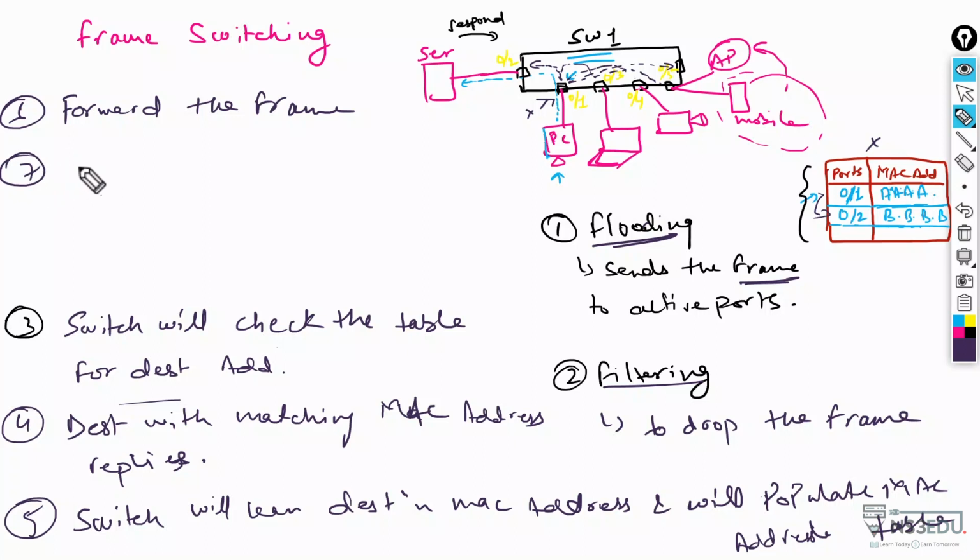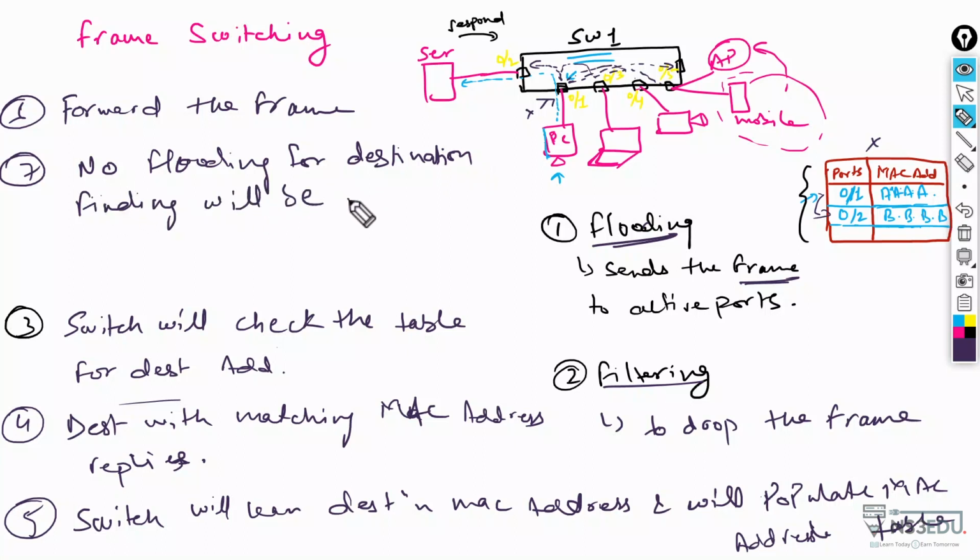After that, no flooding for destination finding will be done. Although there are many scenarios where a packet can be flooded, it is not for finding out this destination MAC address here.